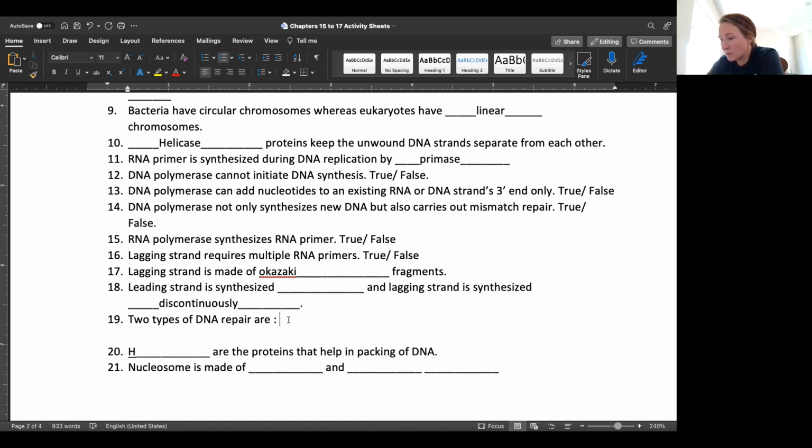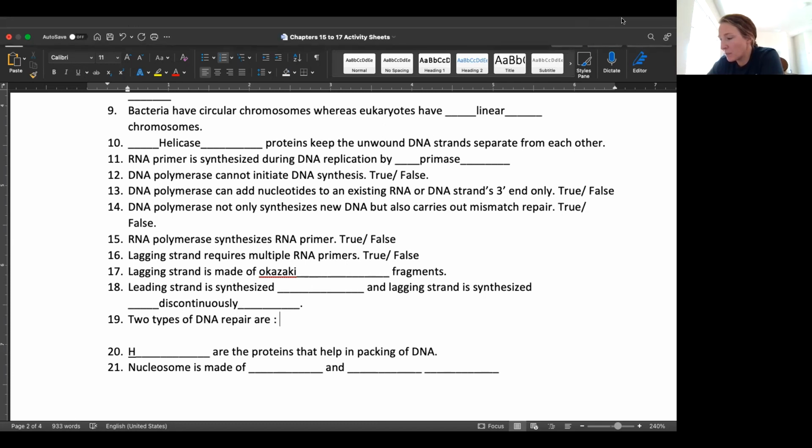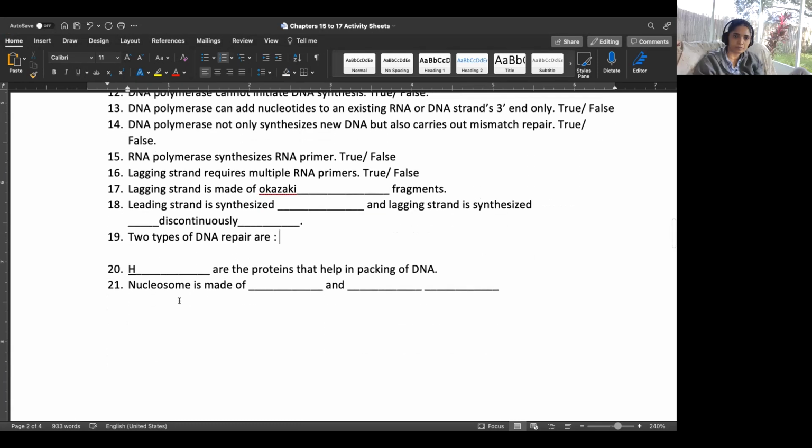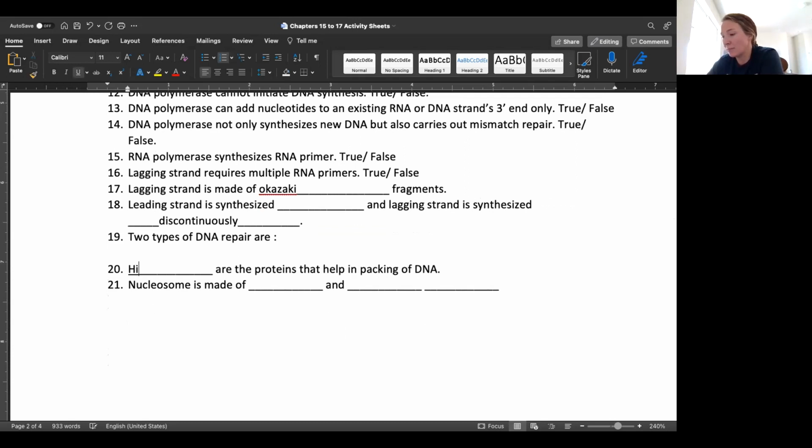19, two types of DNA repair are mismatch repair and nucleotide excision repair. And then number 20 is histones are the proteins that help in packaging of DNA. And then 21, nucleosome is made of chromatin and histone proteins.